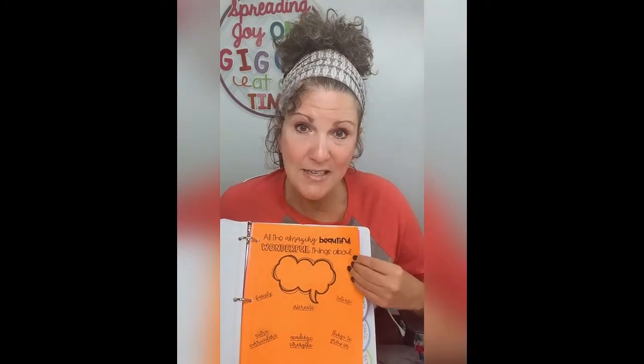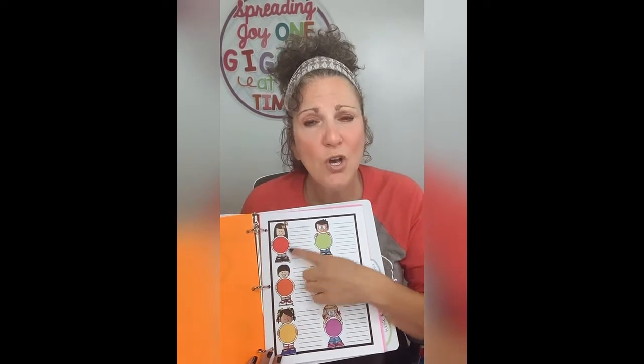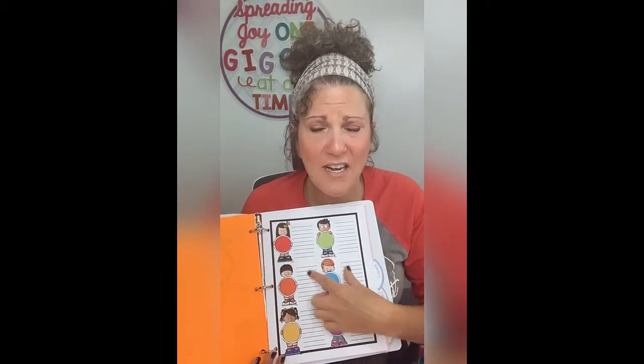And behind that tab is the interest inventory, and then a page where I can keep track of conferences that I have with parents, phone calls, good news messages that I send back and forth, any discipline action that I need to take care of, any important information I can add here, test scores, things like that.